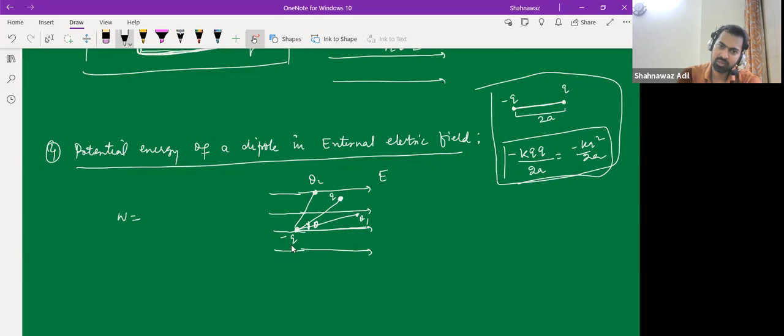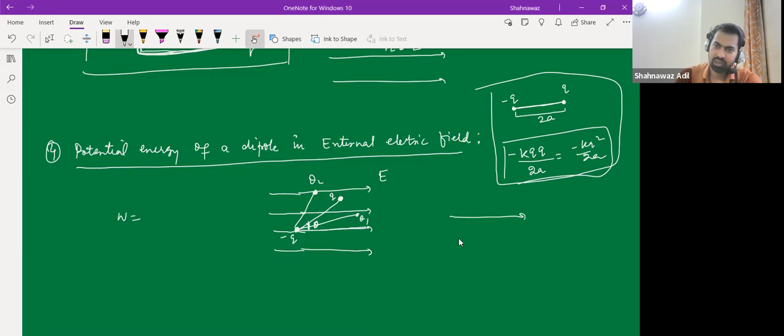This is placed in some electric field. So what is the force at this point? Saad, you guys are telling me the answer or? Yes, Mariam, Saad, and Aisha. You guys have forgotten or what?